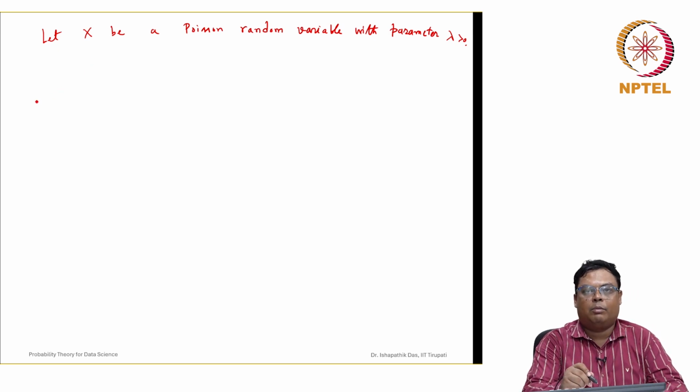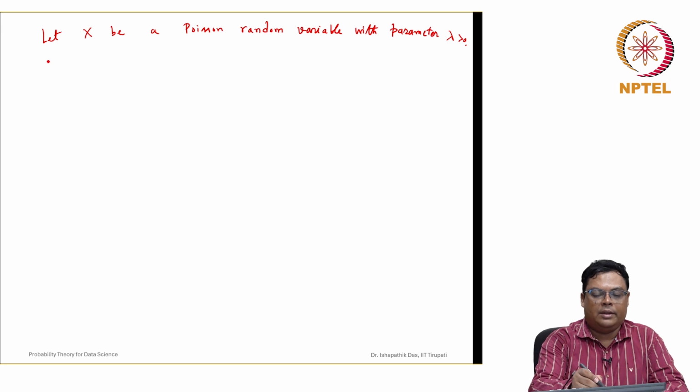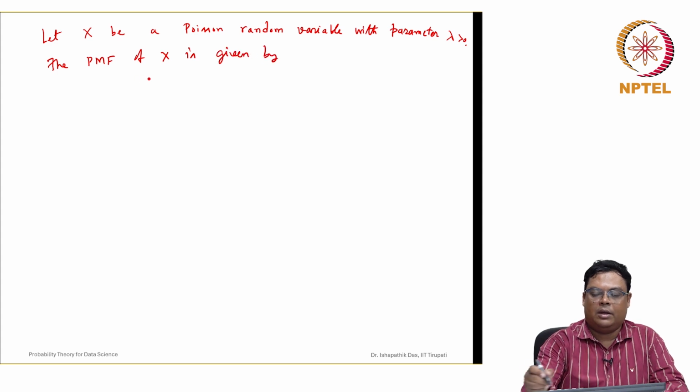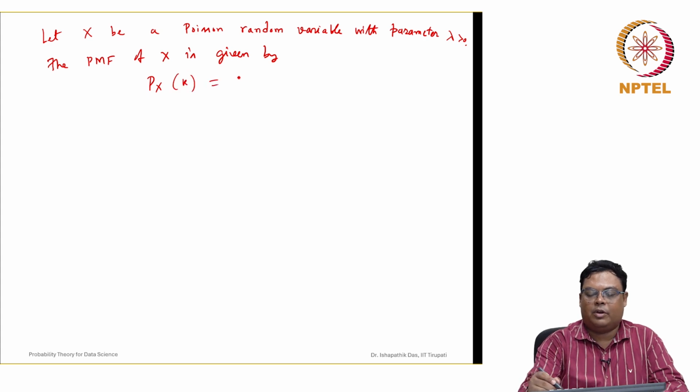The probability mass function of X is given by, for simplicity let us write only k, p_X(k) equal to e to the power of minus lambda times lambda to the power k by k factorial, where k can take 0, 1, 2 and so on, and 0 otherwise.